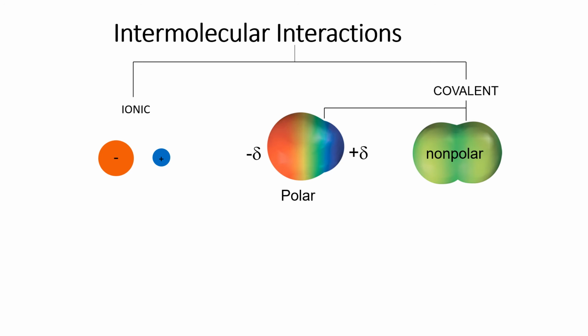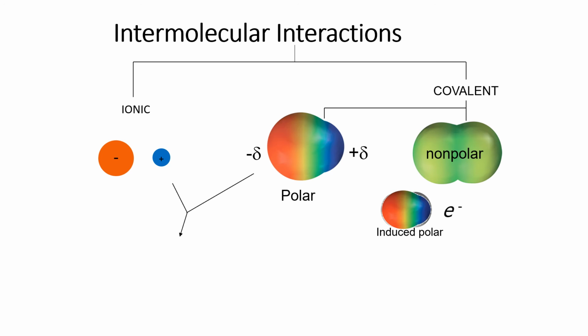However, non-polar compounds don't have this kind of polarity. But when some electron source comes close to a non-polar compound, it can induce a polar part, which we call an induced dipole. That means it has positive and negative ends again.